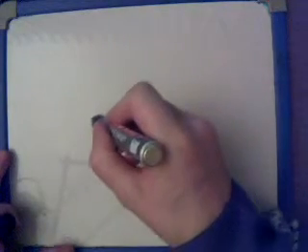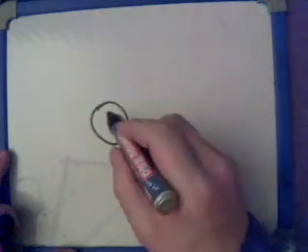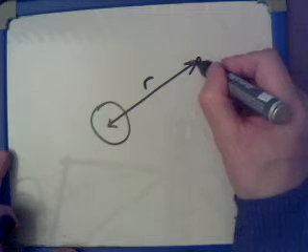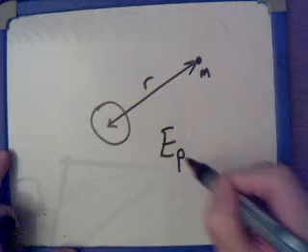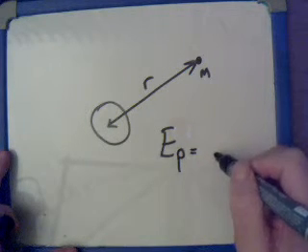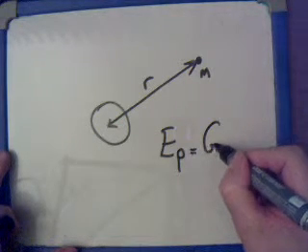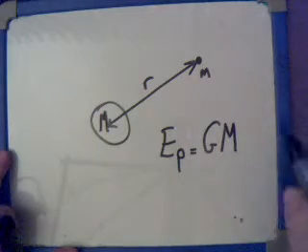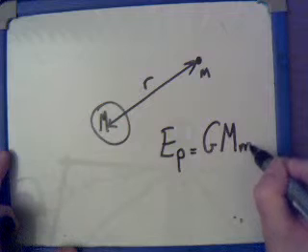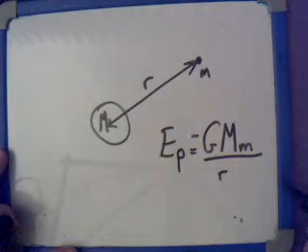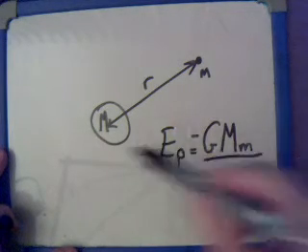What we use as the formula here is, let's draw the Earth in the centre, distance r, the gravitational potential energy for a point mass here, EP, is simply equal to the universal gravitational constant G times the mass of the planet M multiplied by the mass of the little object m, divided by r, and it's going to be negative, because it's negative relative to the gravitational potential energy further out, which is 0, and it must lose it as it approaches the Earth.